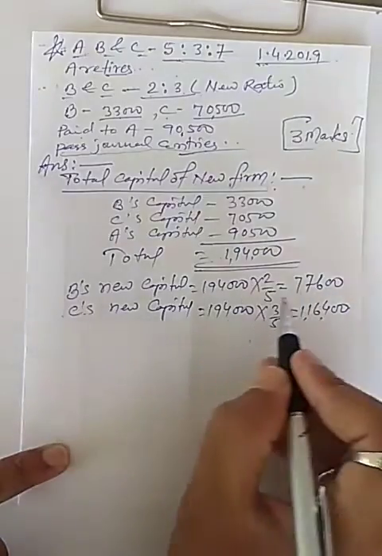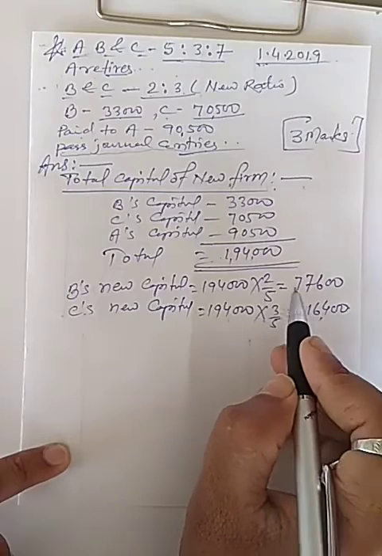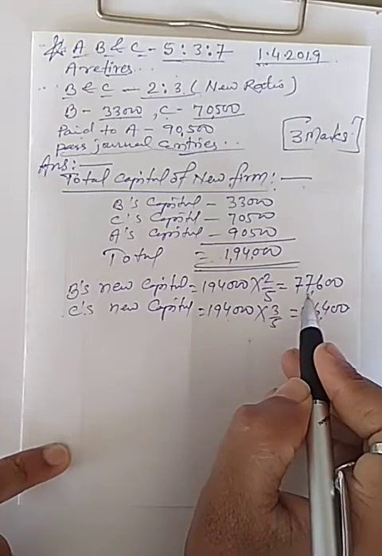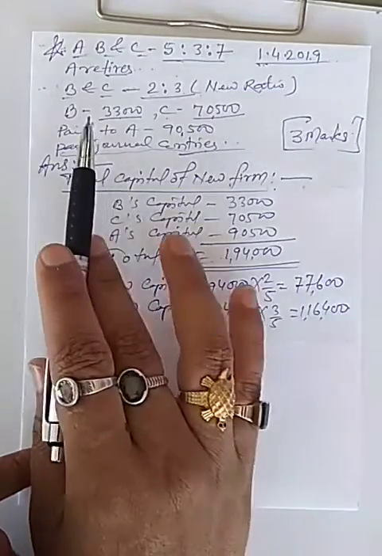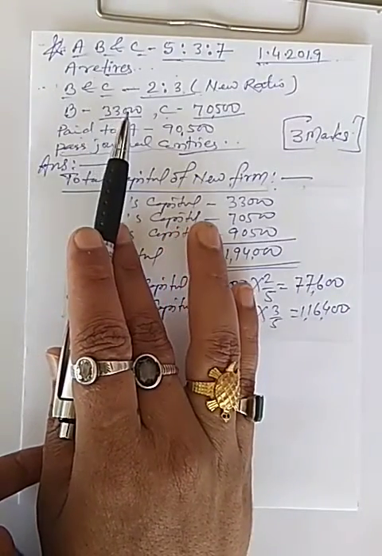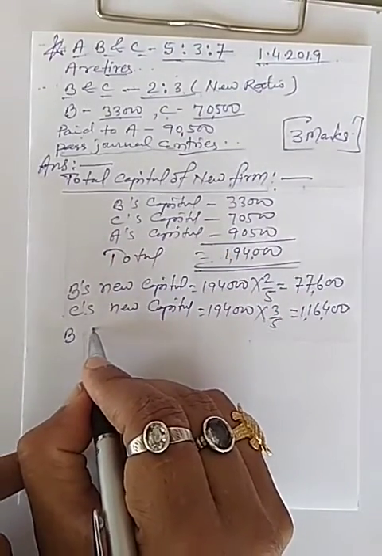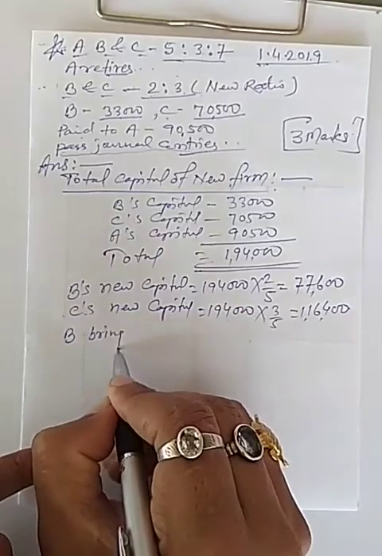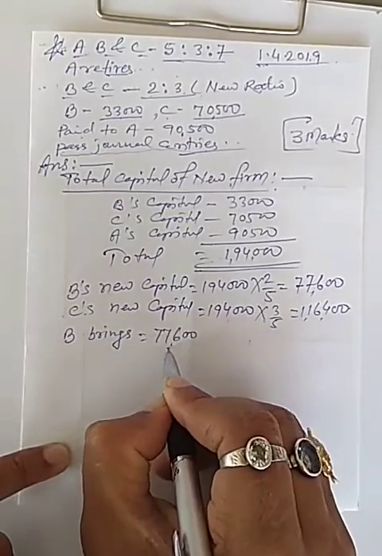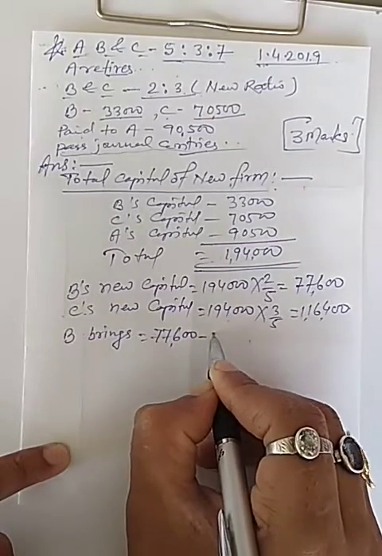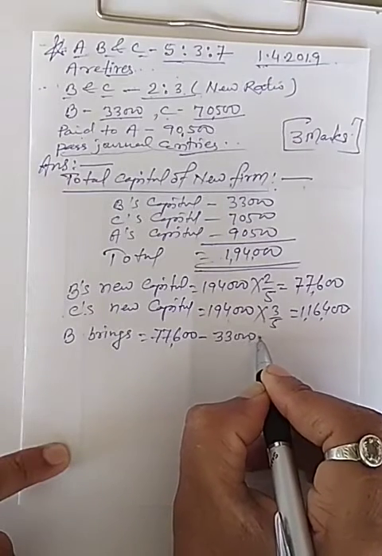So I can see B's new capital should be 77,600 and given in the question is 33,000 only. So B brings 77,600 minus 33,000.